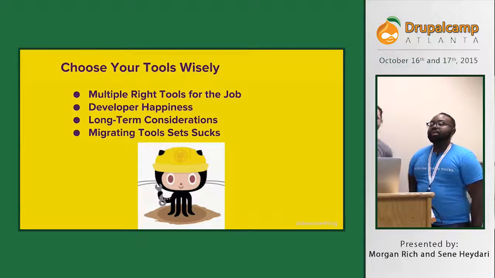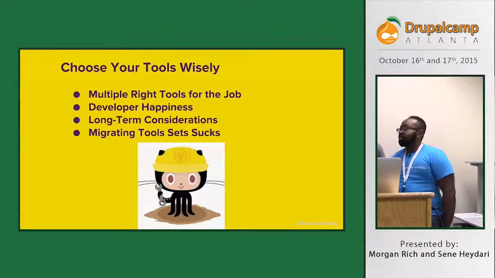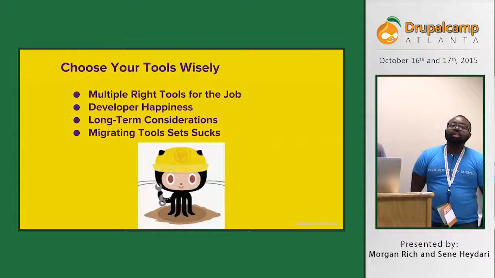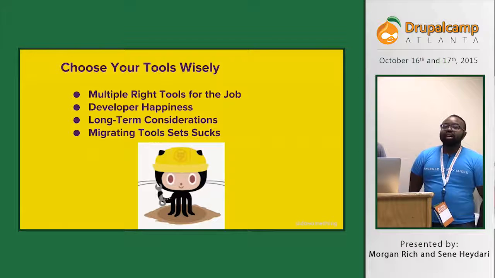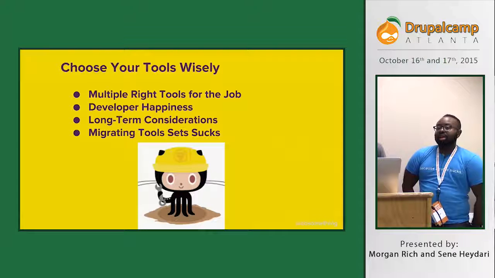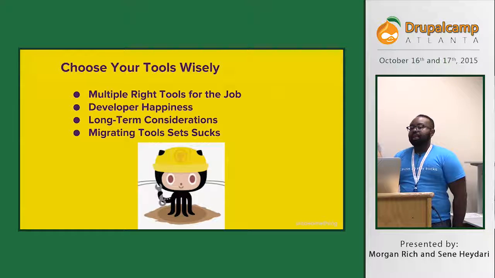Just briefly about choosing your tools wisely. Obviously, there are always a million different ways to do things. And if you have a lot of developers that are engaged and excited about technology, they're going to want to use all the things. That's partially why we have so many things that we use.